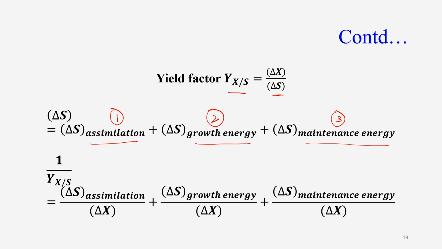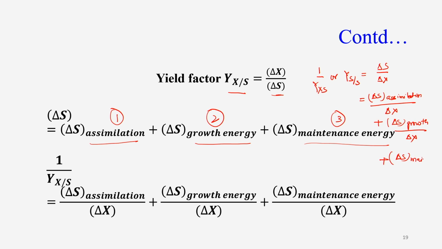So, one easy option is what we can do, we can write either 1 upon Yx by S, or we can write Ys by x, and this will be equals to delta S upon delta x. Now, in place of delta S, we are going to write delta S assimilation upon delta x plus delta S required for the growth on delta x plus delta S required for the maintenance on delta x.